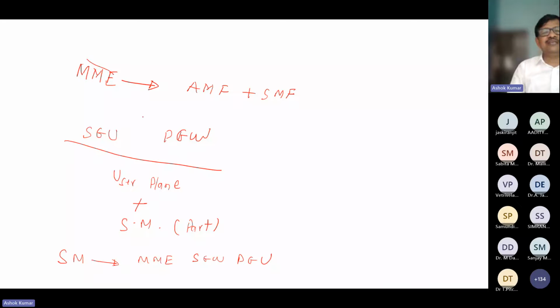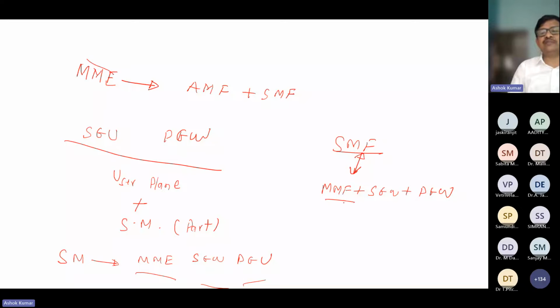That means SGW and PGW were not only user plane, but also control plane. So if I want the equivalent of SMF, basically the SMF function has come from some part of MME, some part from SGW, and some part from PGW. So this is the equivalence.